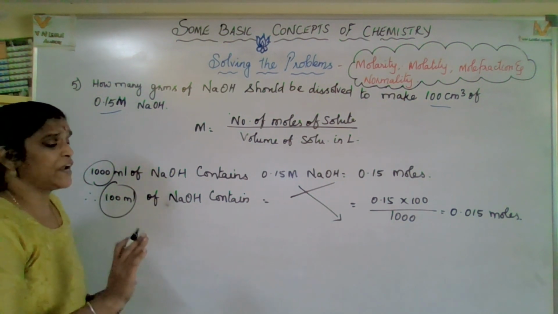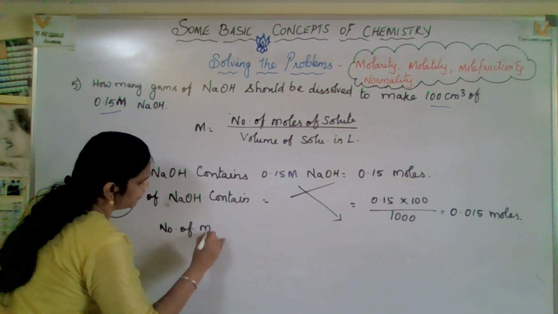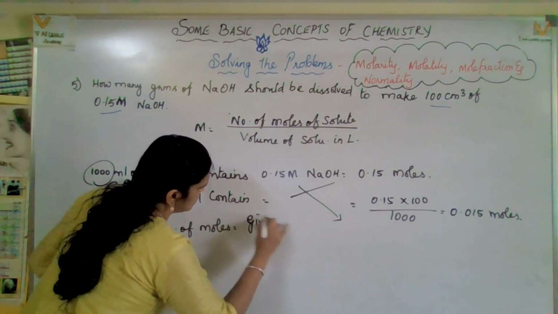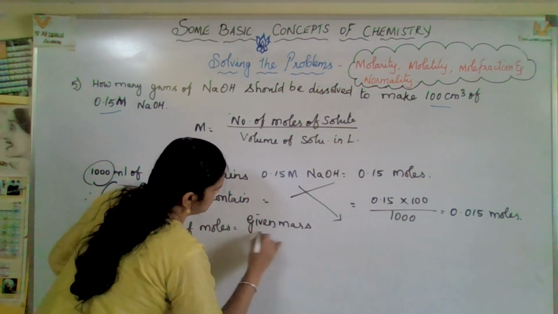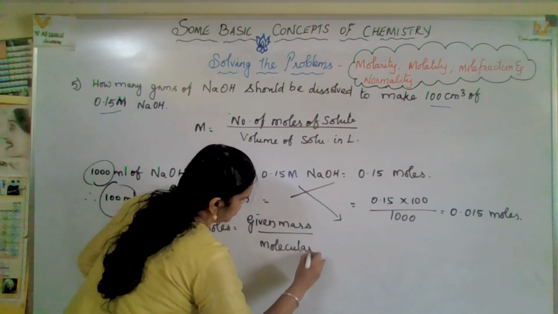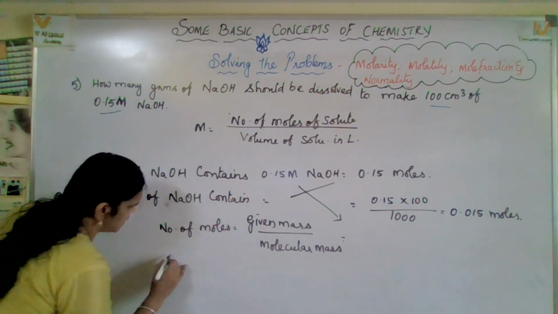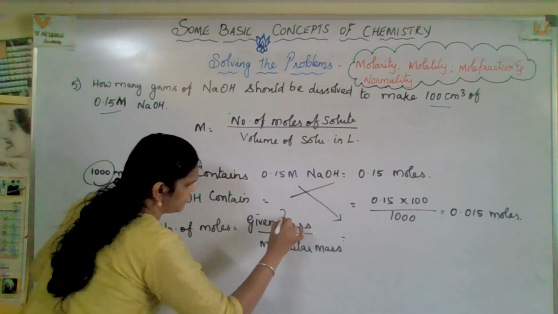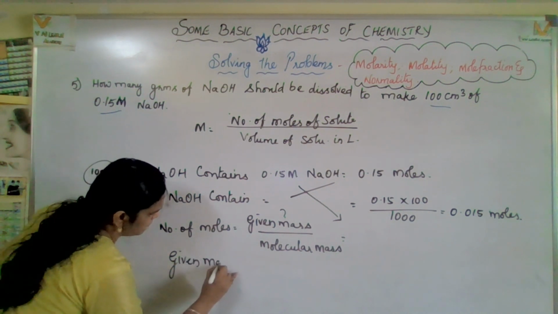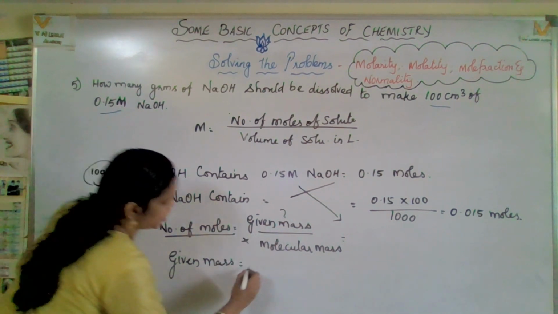Now we have to find out the given mass. So number of moles is equal to given mass by molecular mass. So given mass, let us take it out because that only we have to identify, equals number of moles into molecular mass.